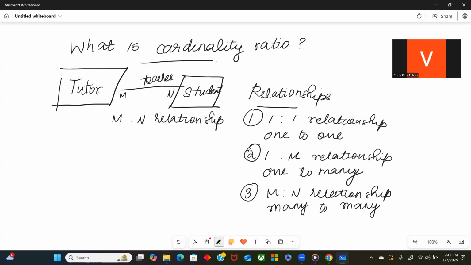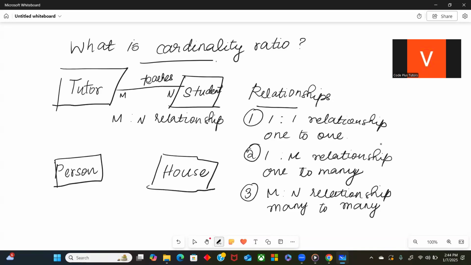Okay, so let us talk about an example of person and home, or house. A person can own a house, correct? So how many houses can one person own? They can own many, but one house can be owned by one person.